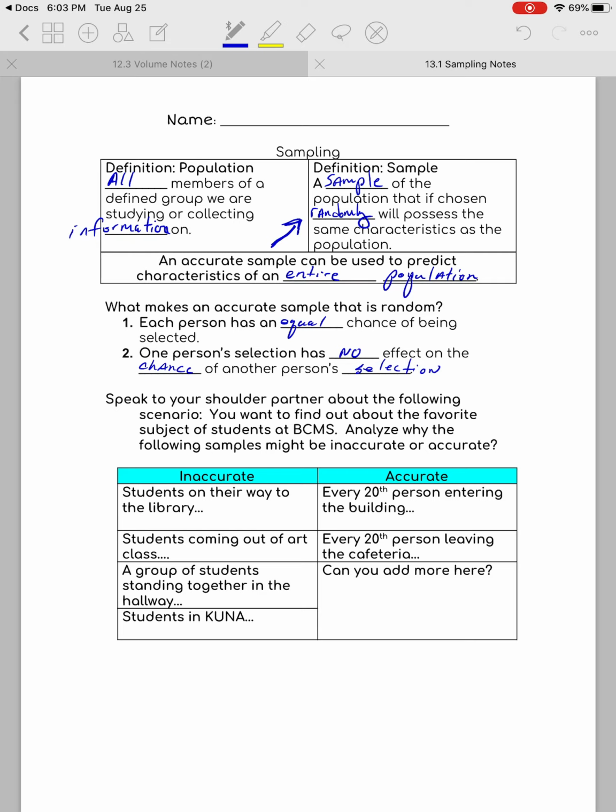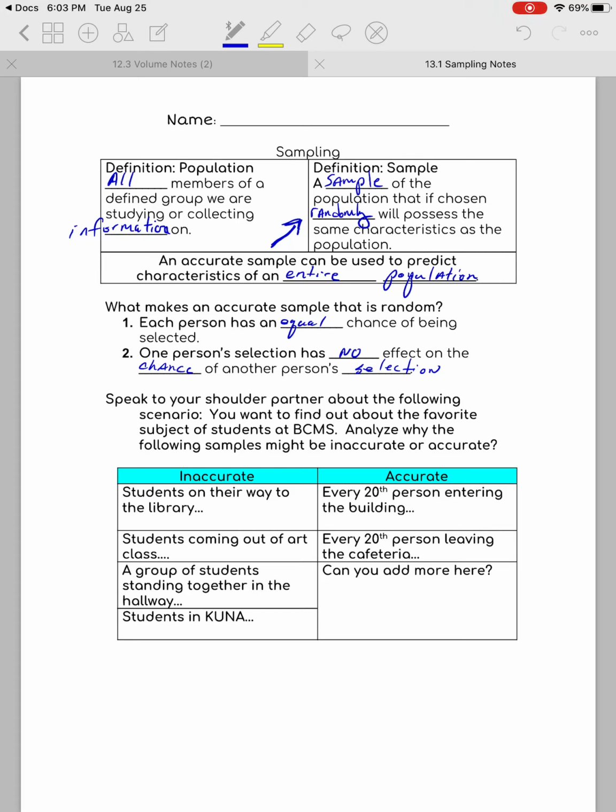Again, you want to find out about the favorite subject of students at Boyle County Middle School. It could be inaccurate because those going to the library, one, they're not headed to a specific class, or two, you may just be hitting a certain group or sample of the student population, only those in the library. What about those folks that are playing basketball in the gym or are in swim class or in history class?